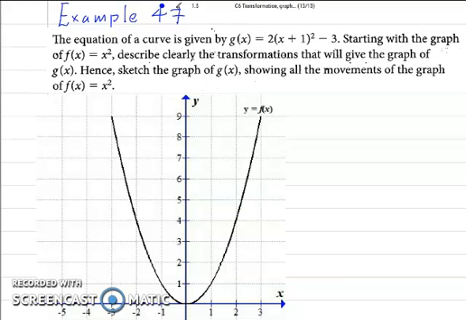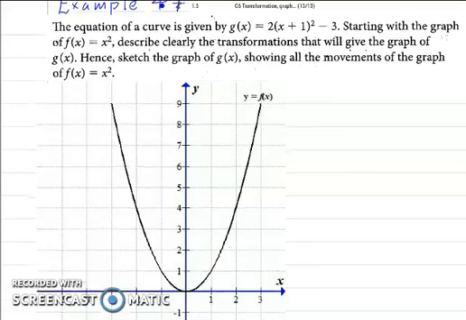Starting with the graph of f of x is equal to x squared, describe clearly the transformation that will give the graph of g of x. Hence, sketch the graph of g of x showing all the movements of the graph of f of x is equal to x squared.